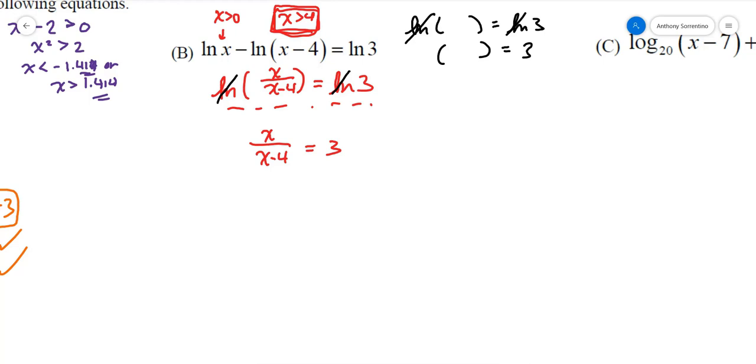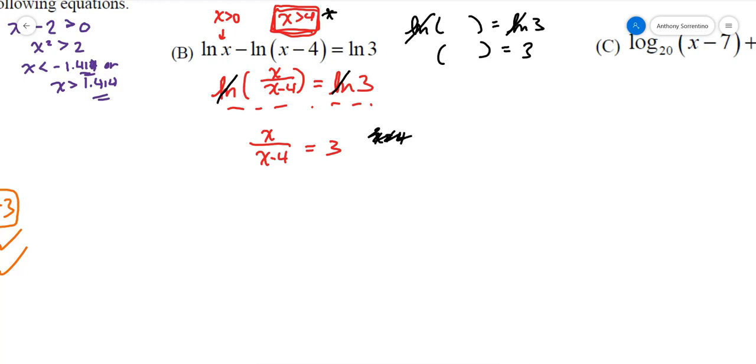And I would probably say that, well, x can't be 4 because that's going to create something on the left-hand side that's not going to exist. But me already having the fact that this has to be greater than 4, I don't have to make that statement again. We're already working under the premise that x has to be more than 4 for any of this to go on. So any answer I get that isn't over 4 would have to be thrown out if that should ever happen.